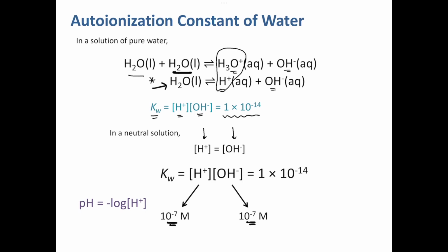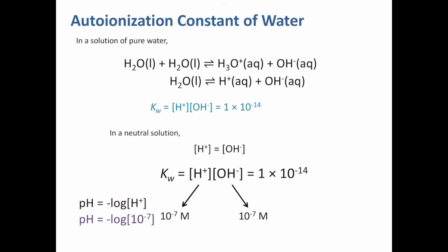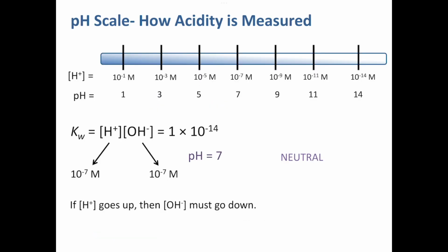Now, in order to find the pH, we know that we can take the opposite of the log of our hydrogen ion concentration. And so if we take the opposite of the log of 10 to the negative 7th molar, what we get is that our pH is 7. So if we're in a neutral solution where our hydrogen ion concentration is equal to hydroxide ion concentration, the pH of this solution is going to be equal to 7. We would call that a neutral solution.